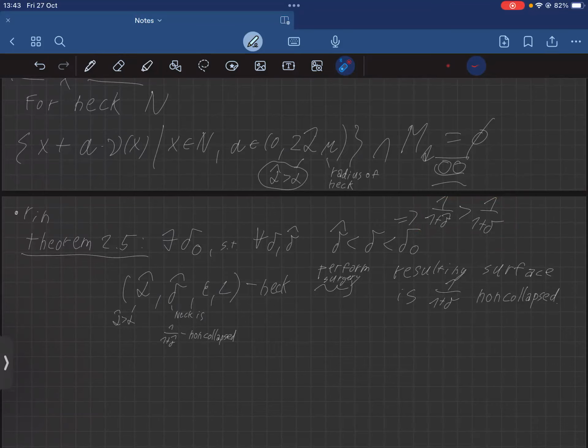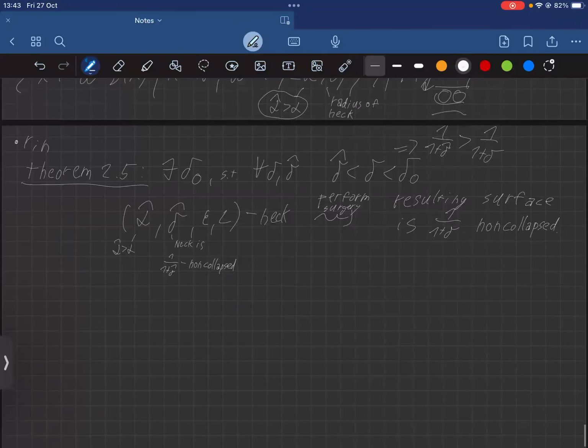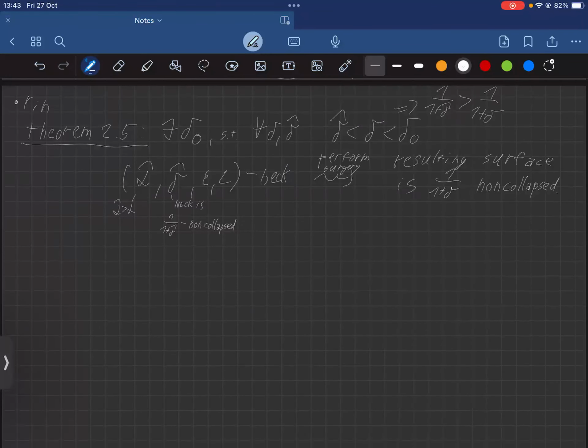But it turns out, again, that under some mild assumptions, our neck is approximately some curve times an interval. So it evolves similarly to curve shortening flow for gamma.